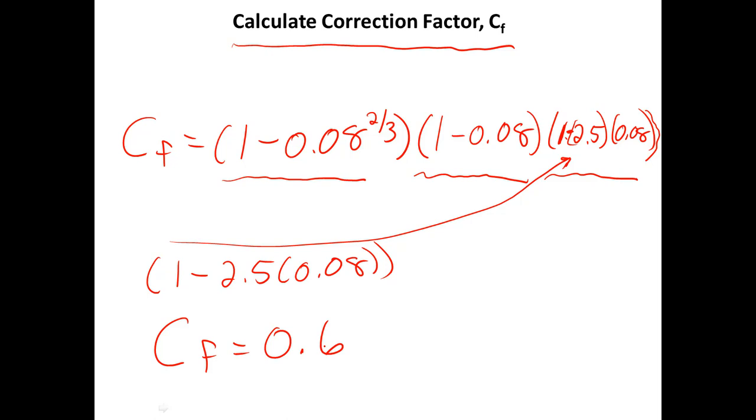means that because of the high solid content in this system, there will be particle-particle interactions, which slows the settling velocity of the particles down by a factor of 0.6, or you could think of it as 60%. Let's go ahead and apply that correction value for our systems, starting with SiO2.